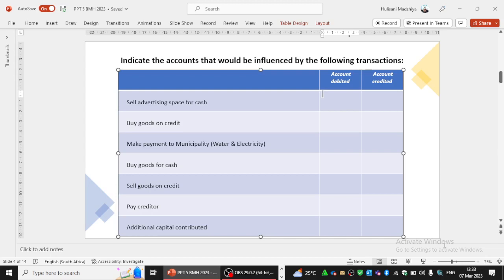So that business will have different ways of generating revenue or sales. It can sell its items to its client, meaning sales from goods sold, and you can also sell space for advertising. So that will be sales for advertising space.